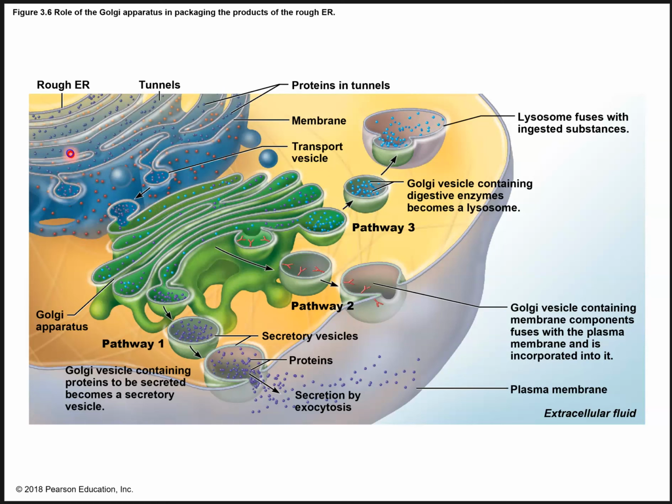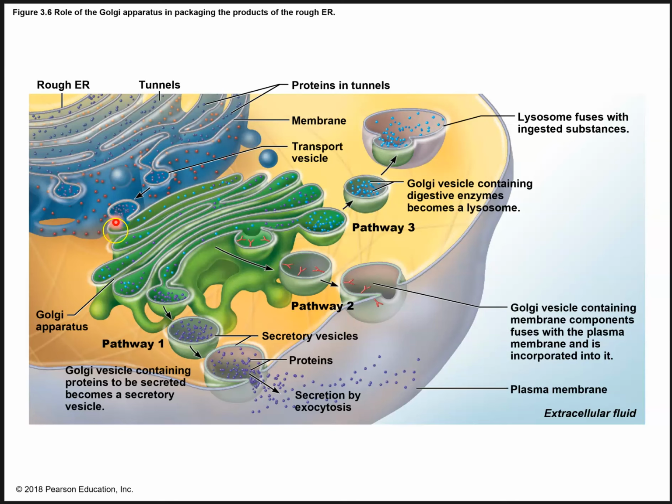After the endoplasmic reticulum in the cytosol, you have specialized structures known as the Golgi apparatus. The Golgi apparatus are stacks of flattened membranes that have associated vesicles with them.